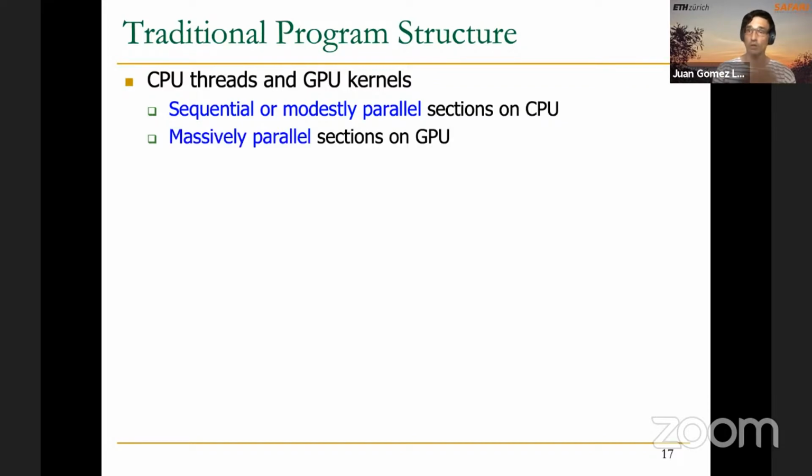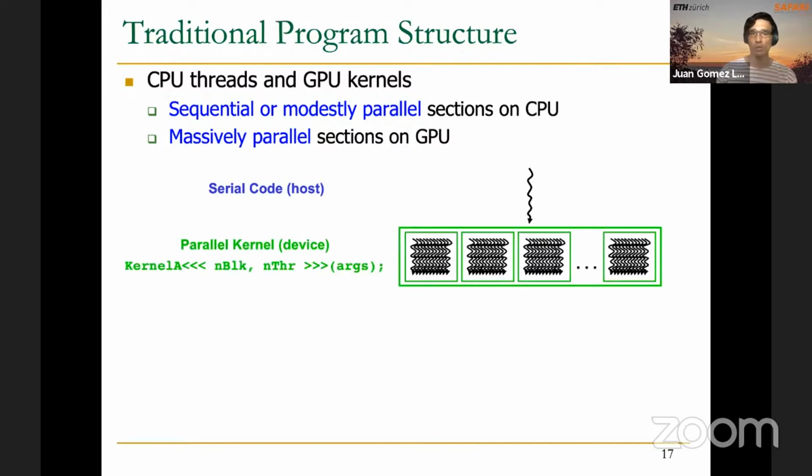And we also have another device, which is the GPU, which is designed for massively parallel execution. That's what we are going to do, right? We will make use of the CPU in those parts of the code that are more serial or sequential, or maybe modestly parallel, and we will use the GPU when we have a massively parallel section to execute.